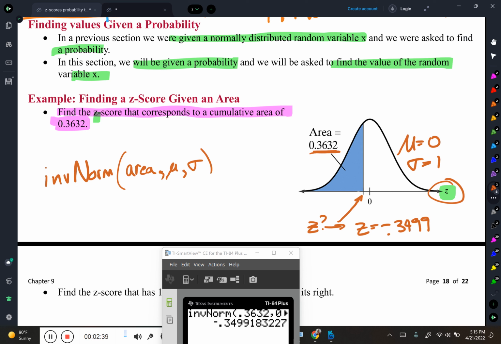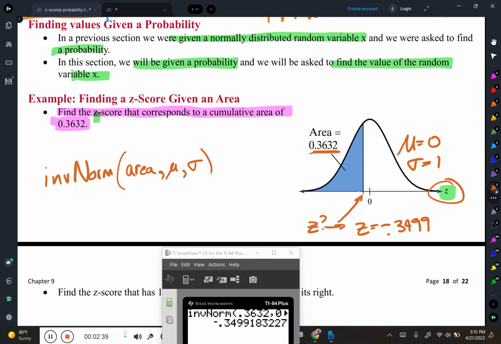If your problem is anything other than a left tail problem, you can't do it. Well, that's a lie. You can do it, but only if you can find a way to rewrite it as a left tail problem. Here's what I mean by that. Find the z-score that has 10.75% of the distribution to the right of it. Z-score. That means my mean is 0.